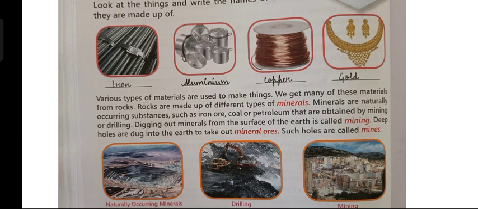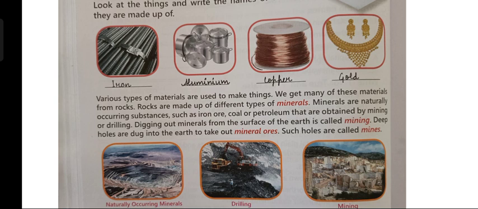Minerals are naturally occurring substances such as iron ore, coal, or petroleum that are obtained by mining or drilling. Digging out minerals from the surface of the earth is called mining. Deep holes are dug into the earth to take out mineral ores. Such holes are called mines.